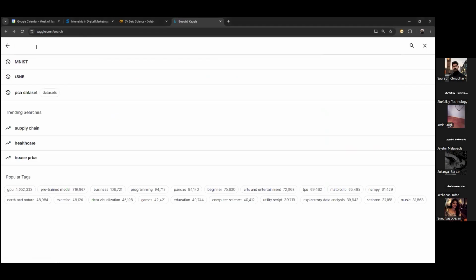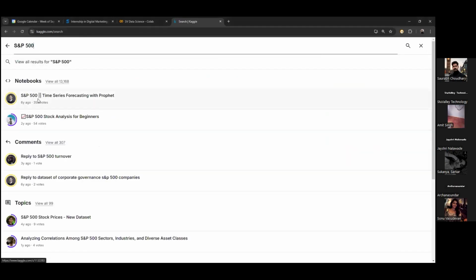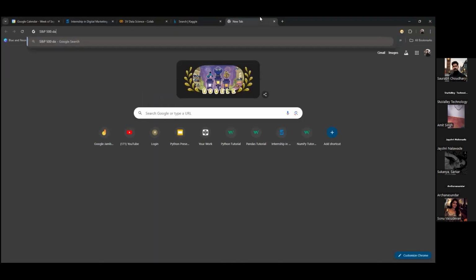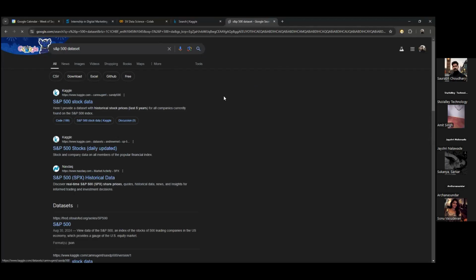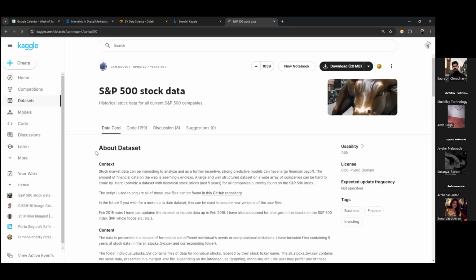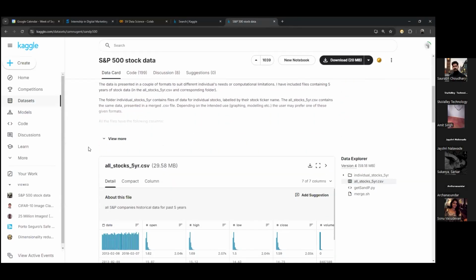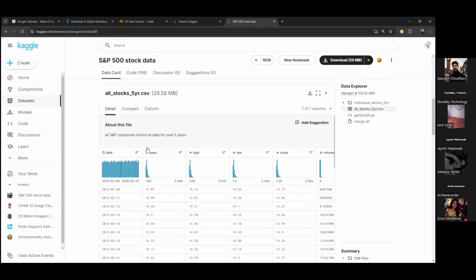Okay, we have stock market data also. Seven columns.